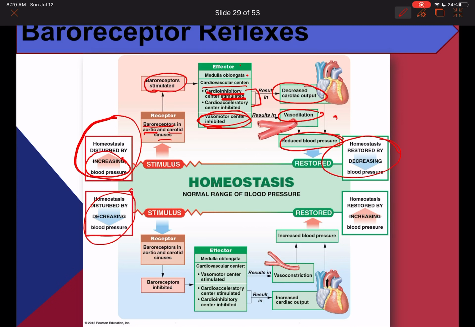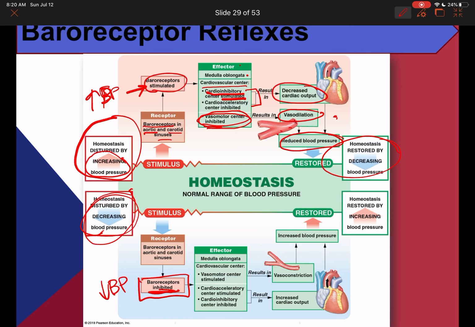Now, when blood pressure is too low, your baroreceptors will actually be inhibited. So remember this, that baroreceptors are stimulated at high blood pressure, okay, and they're inhibited when you have low blood pressure. Okay, so the effector is pretty much the same stuff, but it's just in opposite mode.